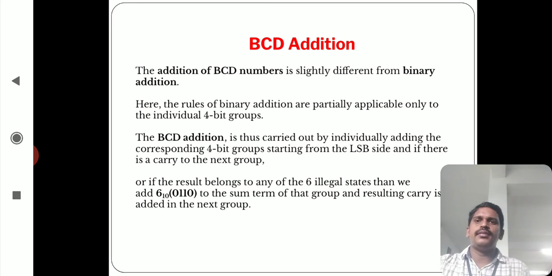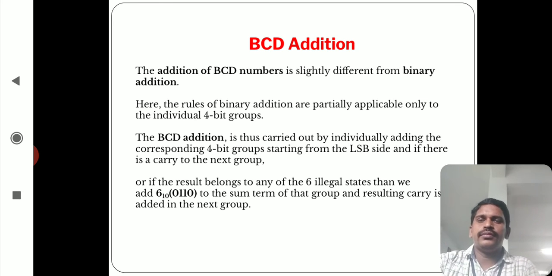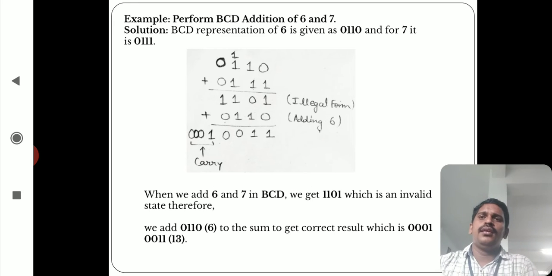In BCD addition, we must and should follow the 6 illegal states rule. If you obtain any illegal state, then the carry will be added to the next group. These are the basic rules of addition that we have to follow.